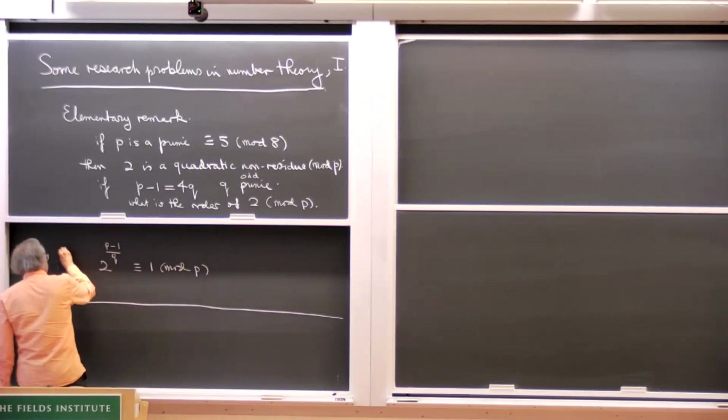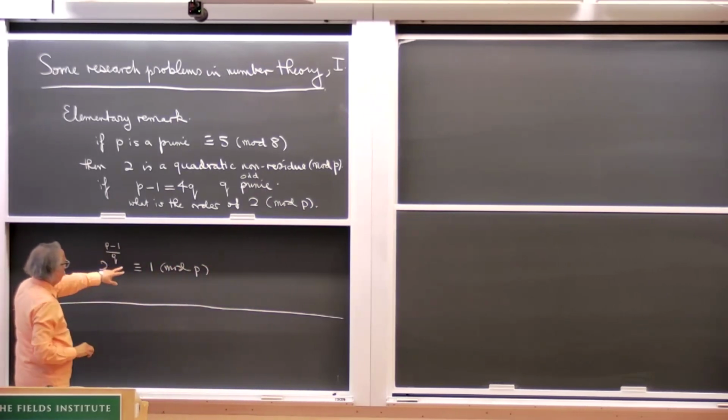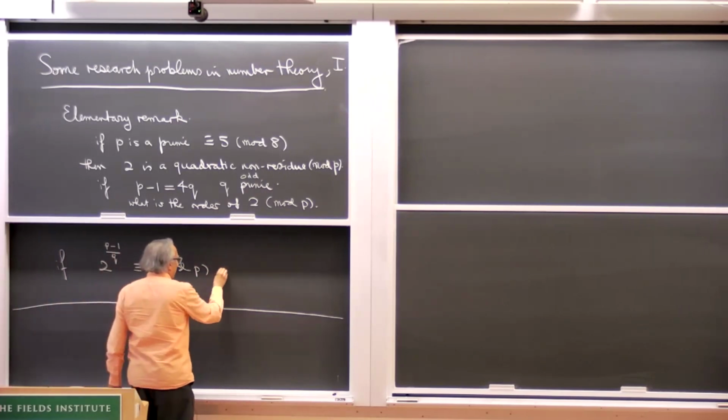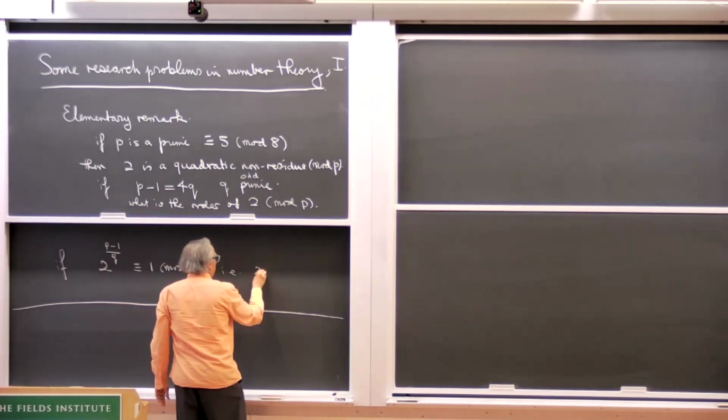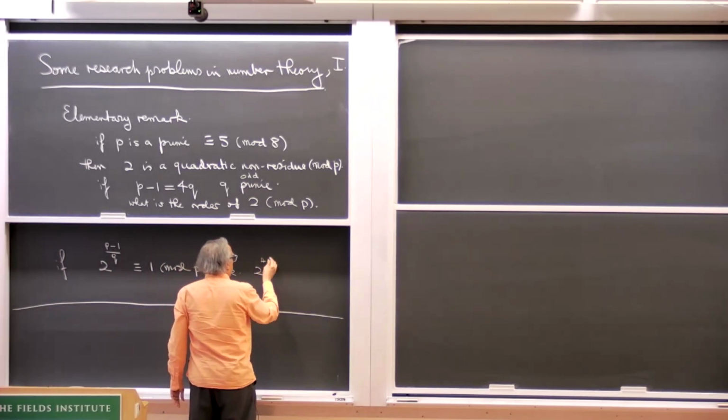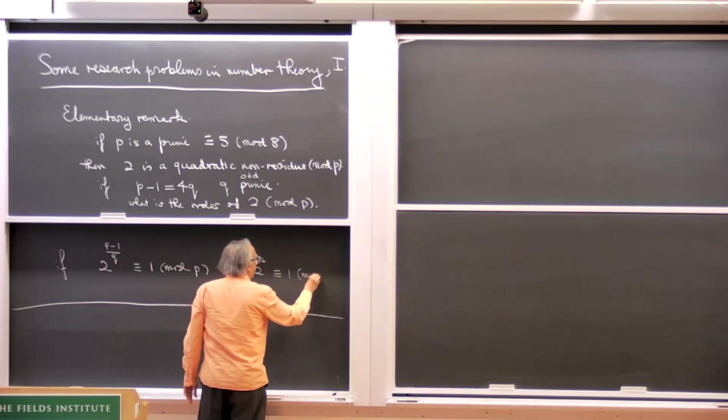What is (p minus 1) over q? It's 4. So 2 to the 4, that's 16, and it's congruent to 1 mod p.